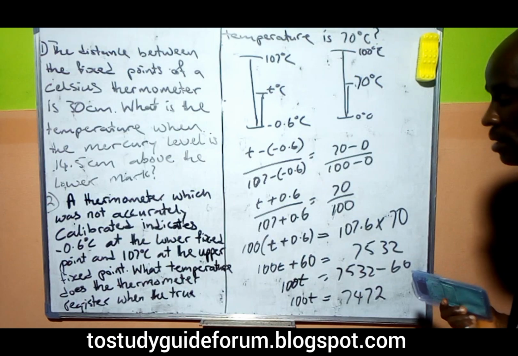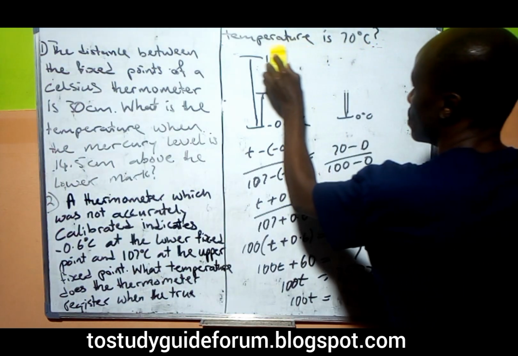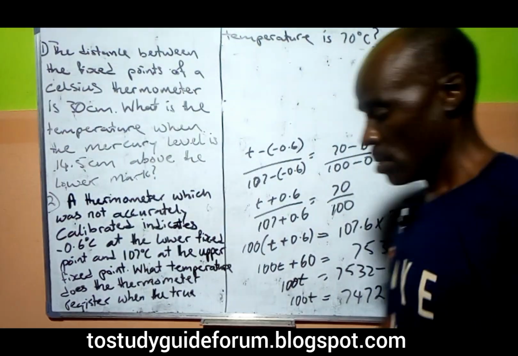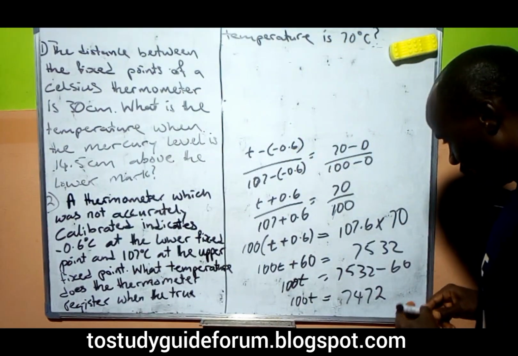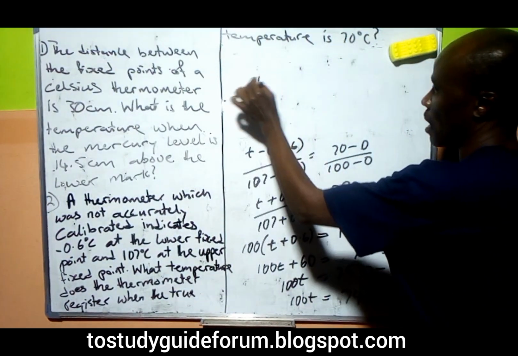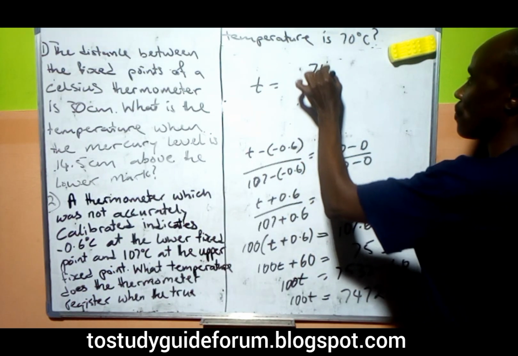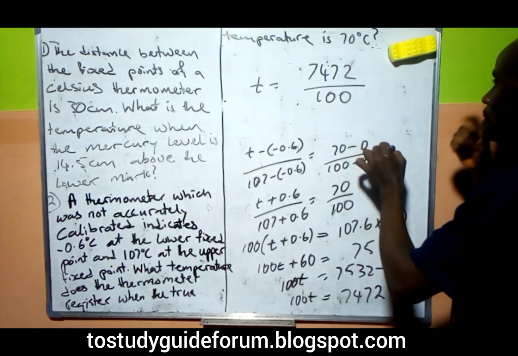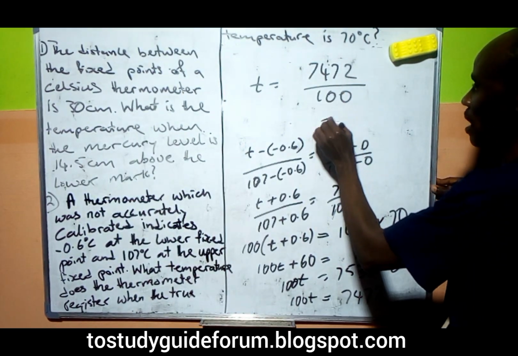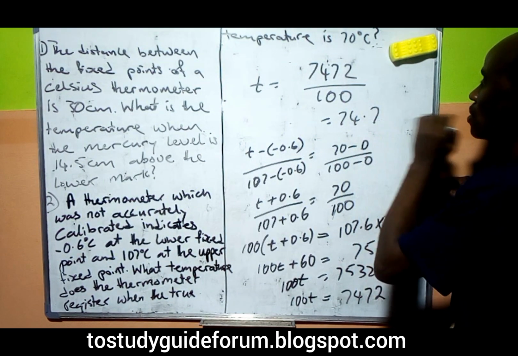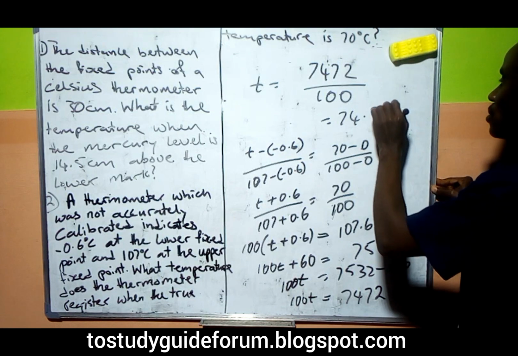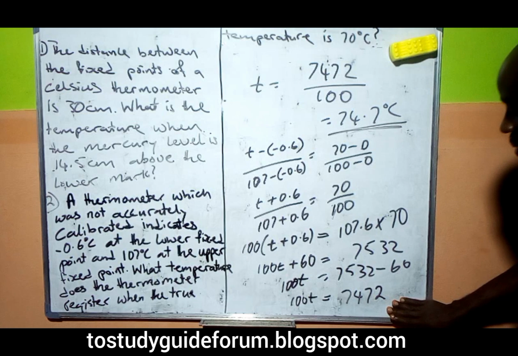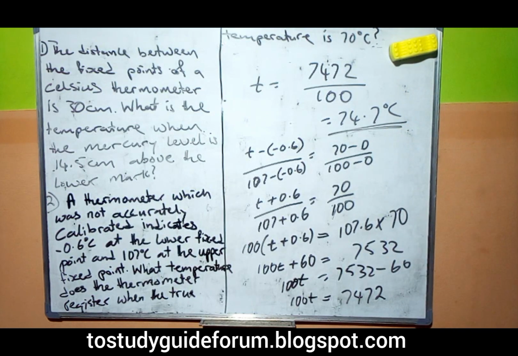So making t the subject of the formula, we will have 7472 all over 100. So by dividing, we have 74.7 approximately. That's the actual works temperature of this.